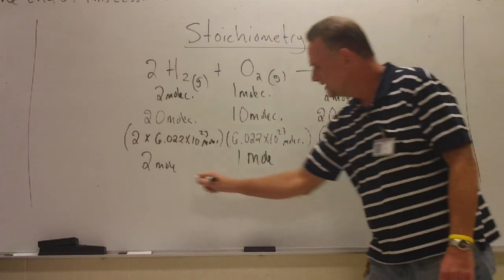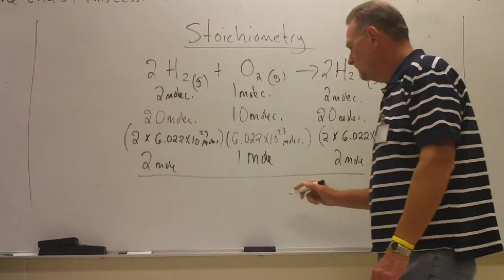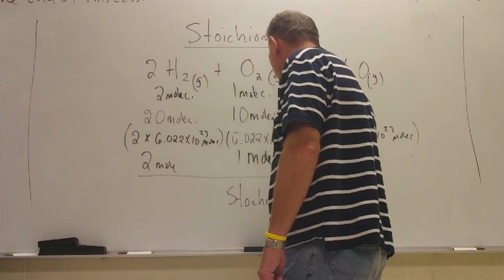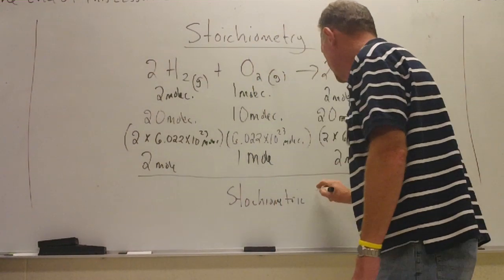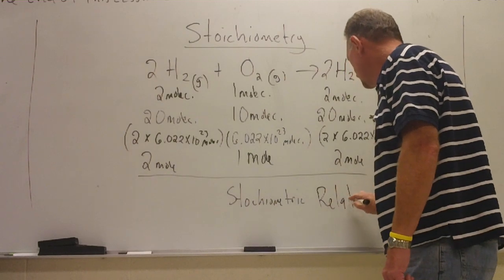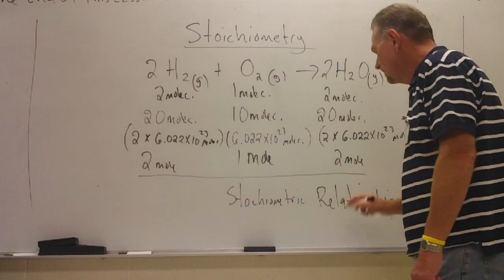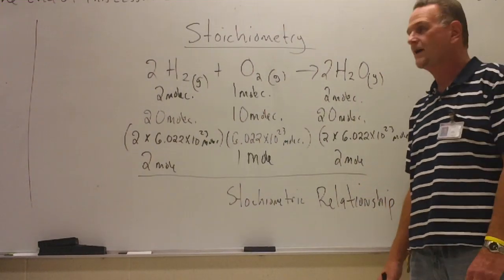What we like to call this relationship is the stoichiometric relationship. We're going to use it in an attempt to make predictions, as we were talking about before.